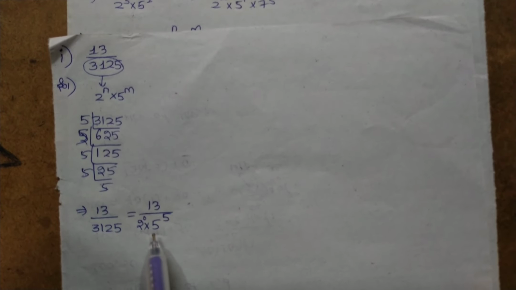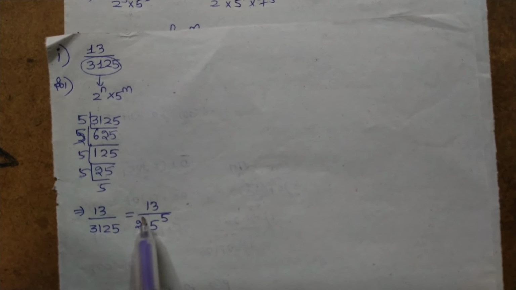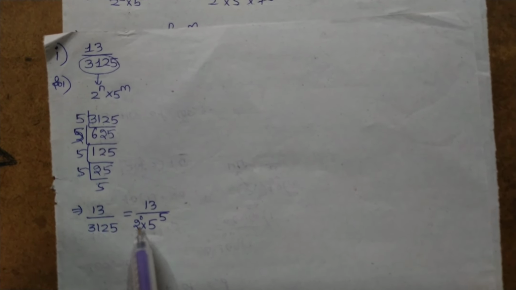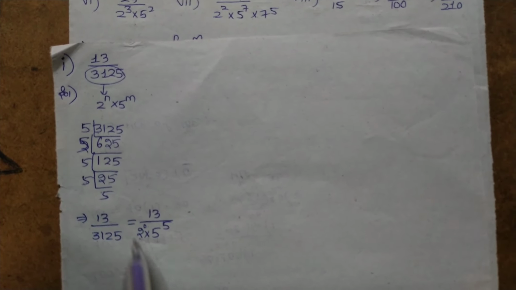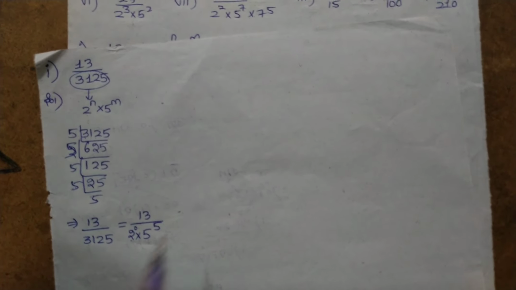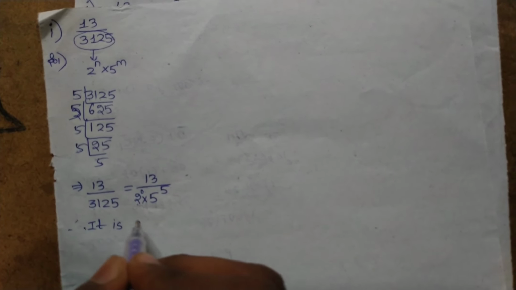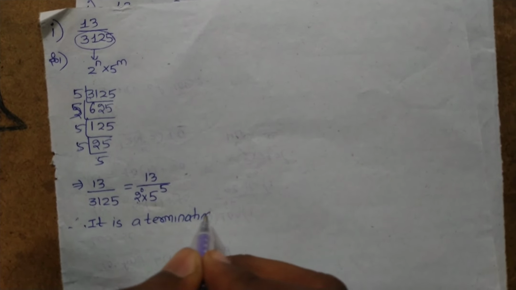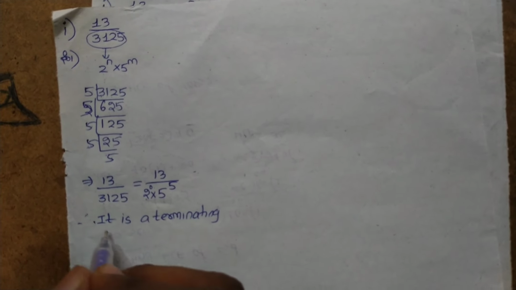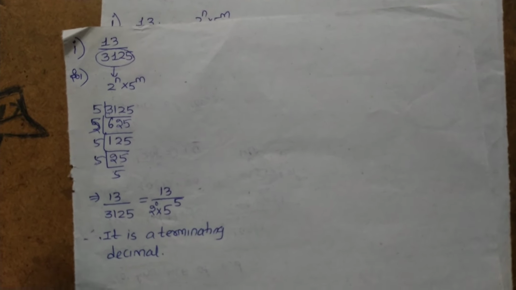Now you see the denominator is in the form of 2 power n into 5 power m. So this particular rational number is a terminating decimal. Why? Because we are able to write it in the form of 2 power m into 5 power n. So that's why it is a terminating decimal.